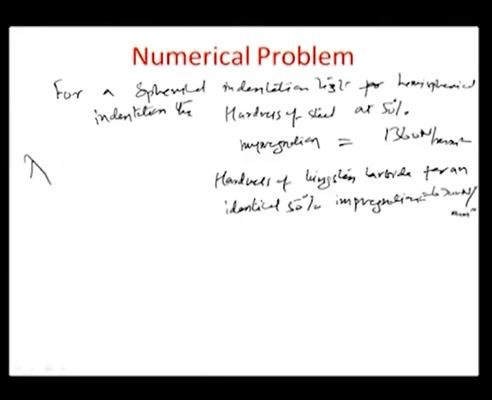So, obviously, the lambda value, which is nothing but the hardness ratio between the workpiece and the tool, as illustrated many times before, comes out to be 6900 by 1360. So, it is about 5.